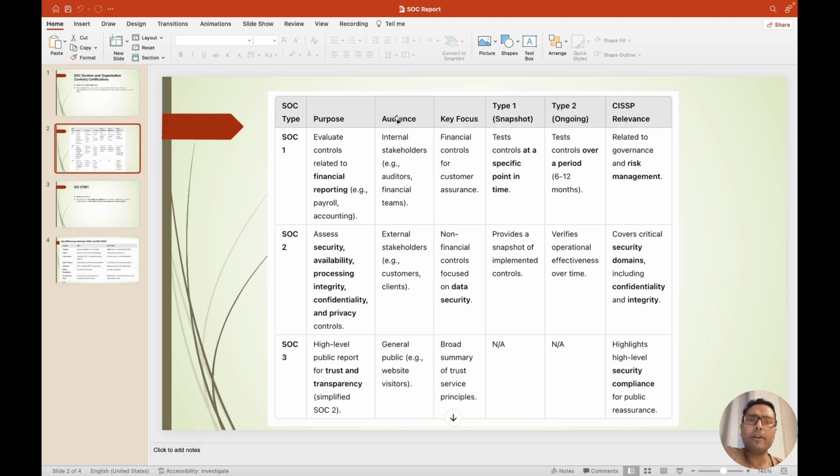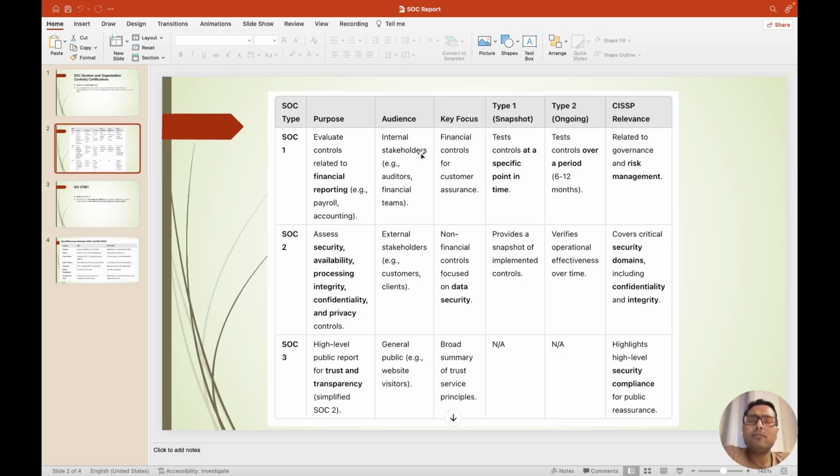So let's come to the audience column, where we can see the financial report is for the internal stakeholders. That means auditors, finance teams, etc. Like the CFO, CEO, those are the internal C-level executive employees. SOC 1 report is only for them. It's because we don't need to show our financial report to any other person unless it is required or public.